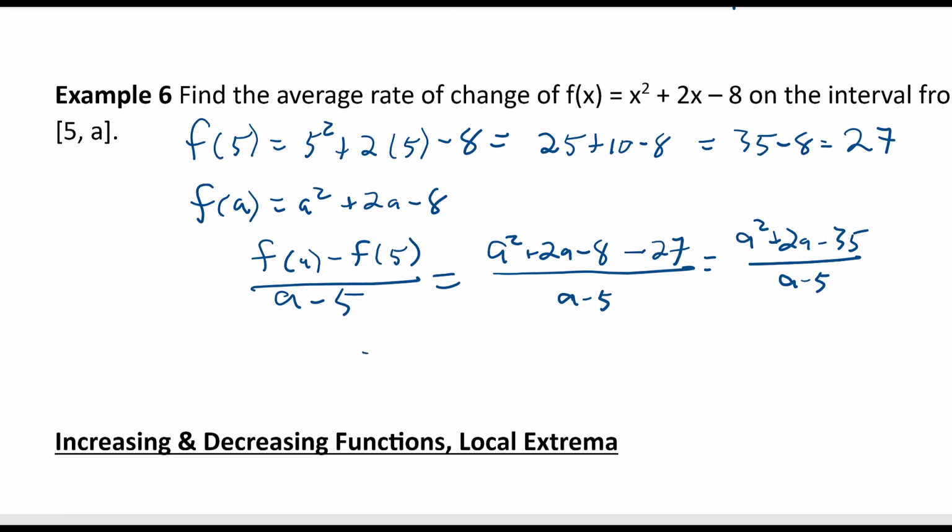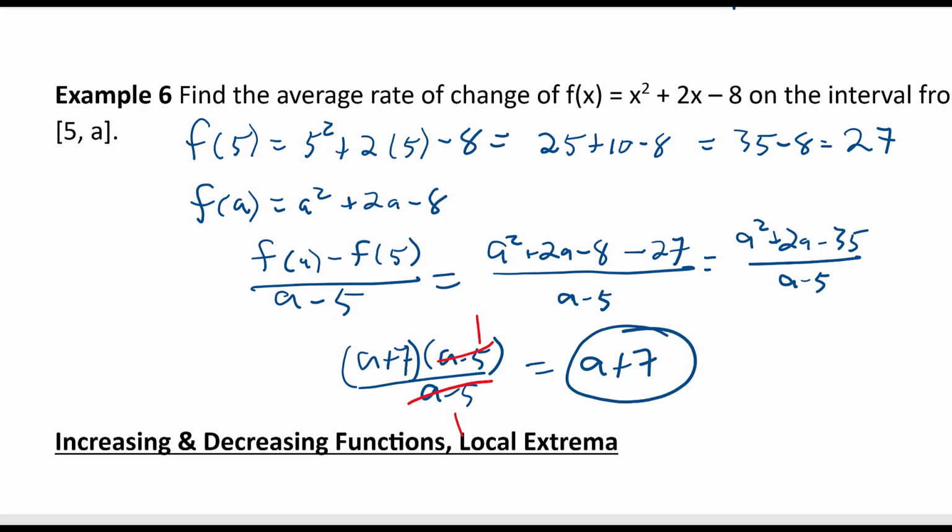Now this can be factored to be a plus 7 times a minus 5 over a minus 5, so that these divide out, and we just end up with a plus 7. And that'll do it for this part of the video. Stay tuned for the increasing and decreasing parts and local extrema.